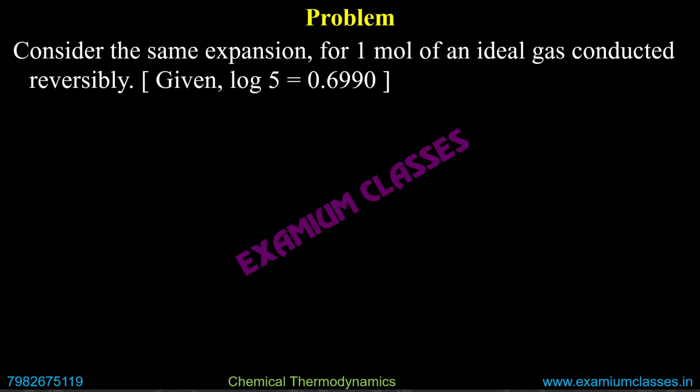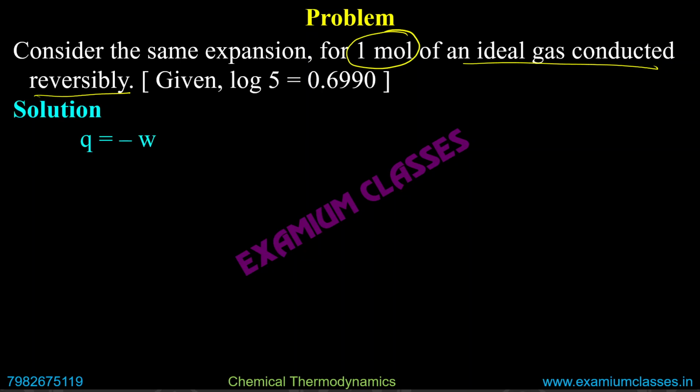Next part of the same question. Consider the same expansion, but we have now 1 mole. So n is given. Ideal gas conducted reversibly. So if it is reversible, you know the formula is an integration formula, or 2.303 log V final by V initial. Obviously nRT will be there. So we will use that formula. It is isothermal.